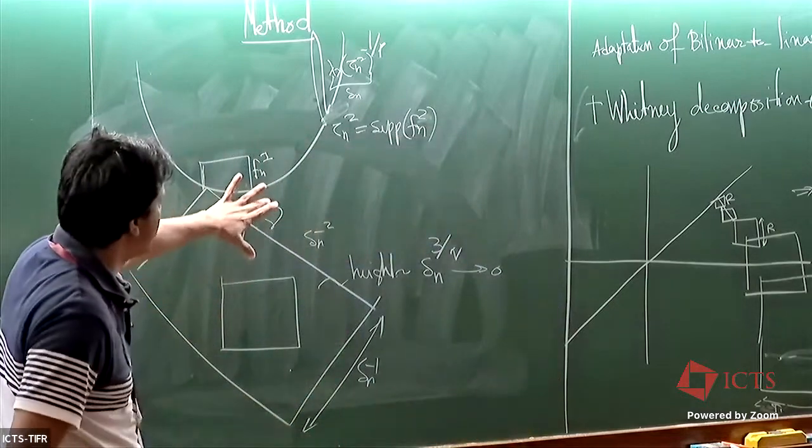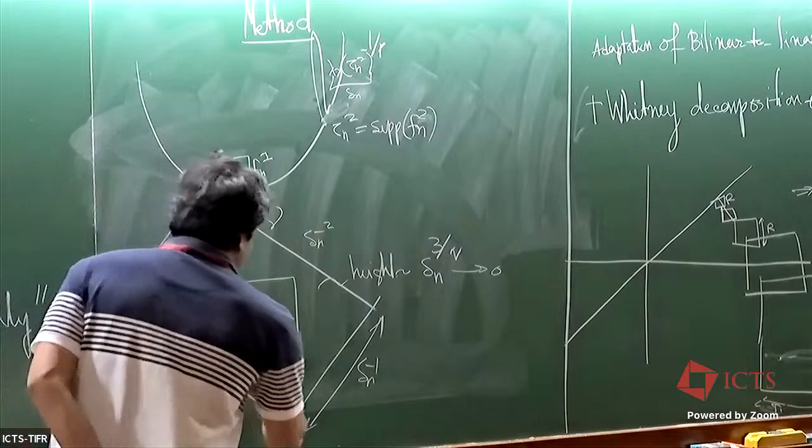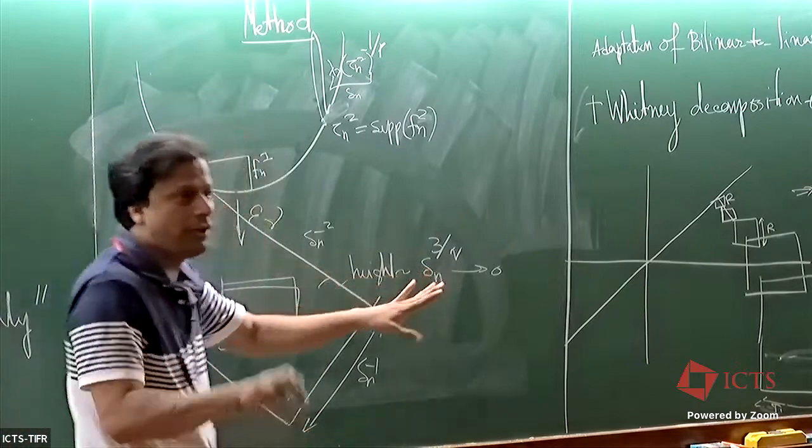So now if you look at the interaction between these two pieces, the interaction is supported on this, whose height is very small, so the interaction goes to 0.